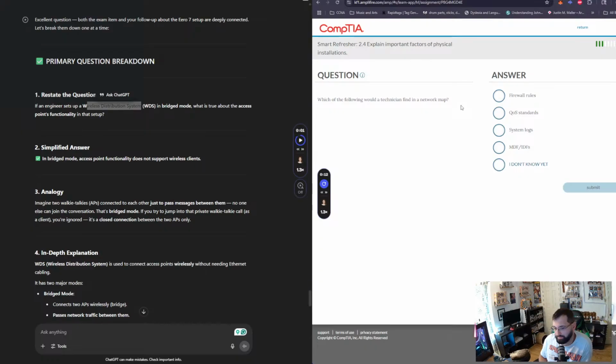I could be wrong. I don't think it's firewall rules. I don't think it has anything to do with quality of service standards. System logs, maybe. I don't know what this is, but I'm going to click it. Okay. Well, I did it unsure because I want to know what this is.